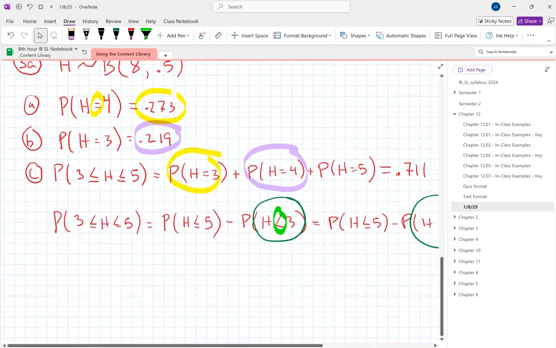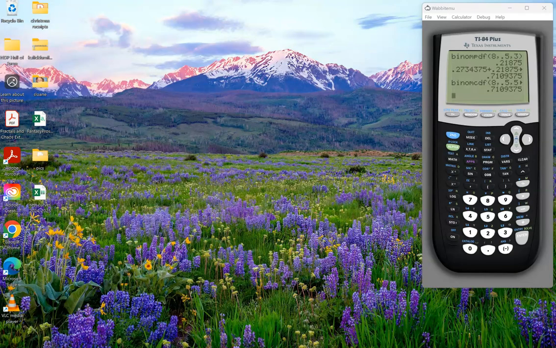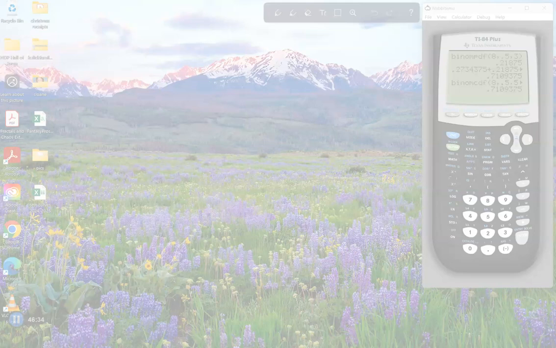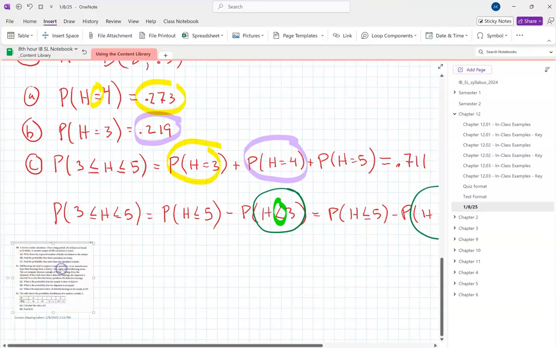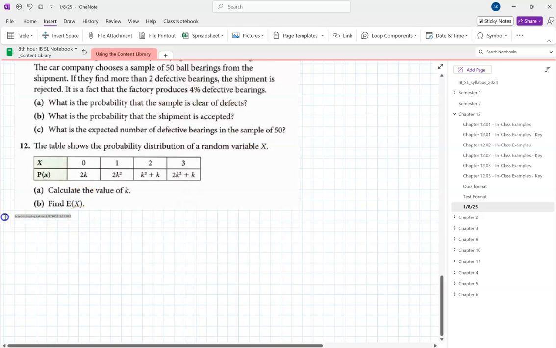So I'm just scrolling down till I see something that's different. Let's do these ones. Might be able to get through these 3 too. All right.